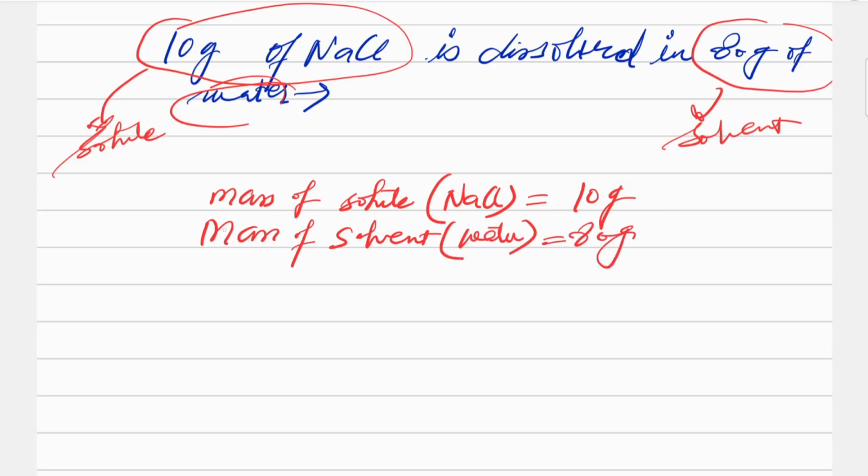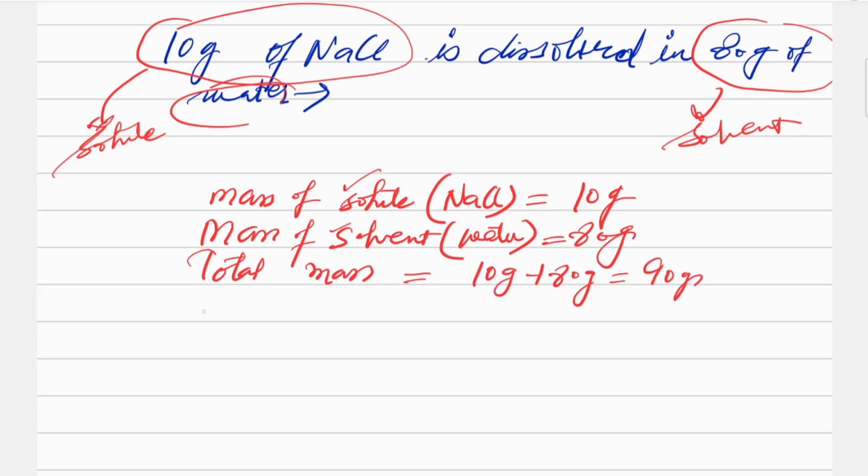Now in the formula we had the total mass, which is the total mass of the solution, made by solute and solvent, obviously. So mass of solute plus mass of solvent, 10 gram plus 80 gram, is 90 gram.